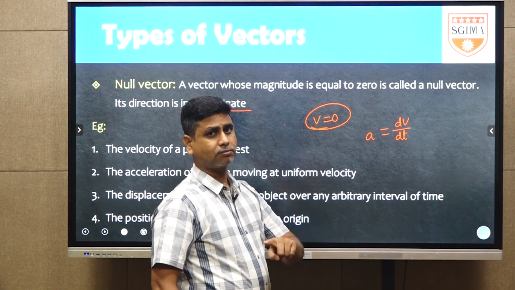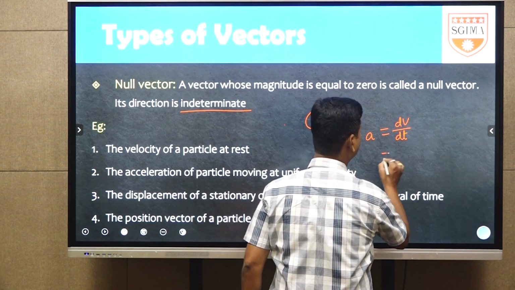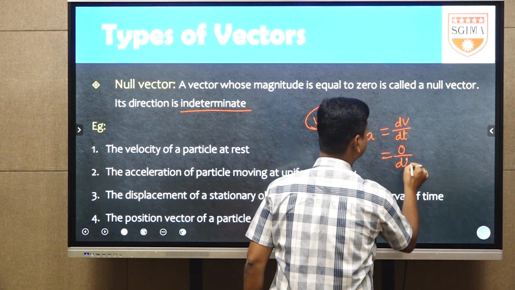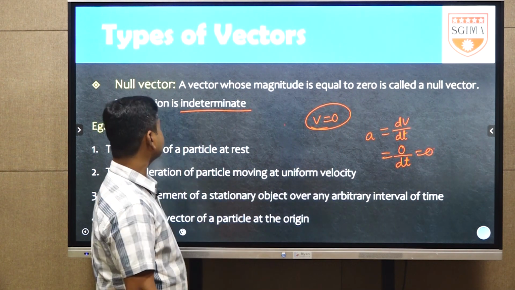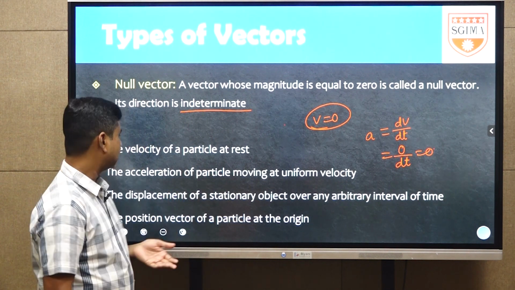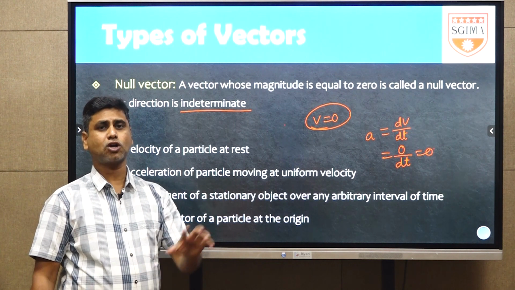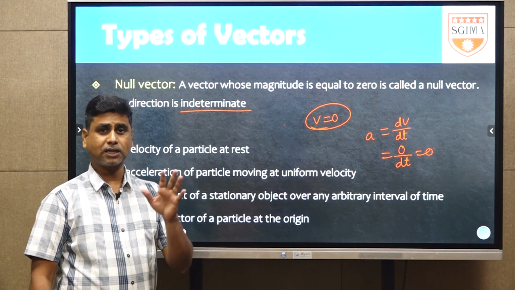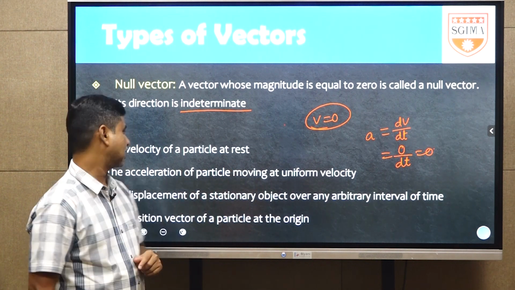Velocity is constant or uniform, then change in velocity equals 0. 0 by time is 0. Acceleration is 0. Acceleration 0 means that vector is called a null vector. If the particle is moving with uniform velocity, then acceleration is a null vector. If the particle is at rest, then velocity equals 0, that's why velocity is called a null vector.